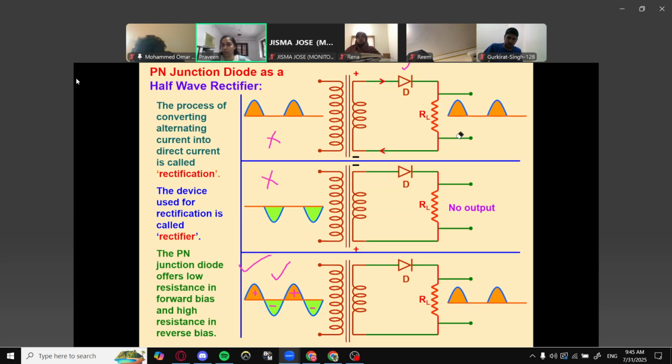Only the last diagram you need to draw. No need to draw the first two, only the last diagram. No need to draw a separate diagram for positive half cycles and negative cycles. That is not required. Only the last diagram you draw.